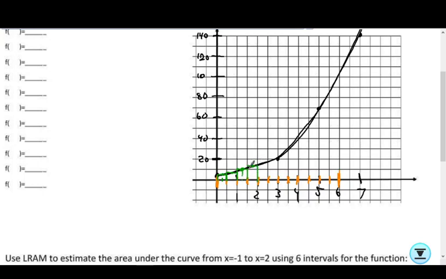So these are the way my rectangles look. It'll be easier to see when it gets deeper.